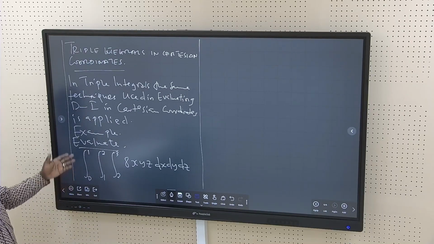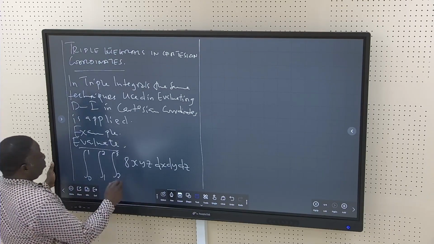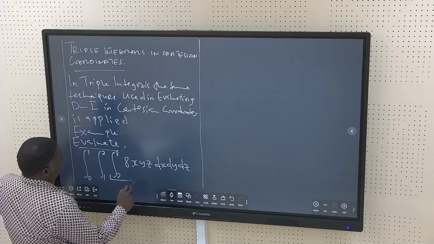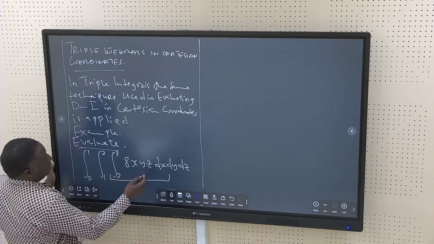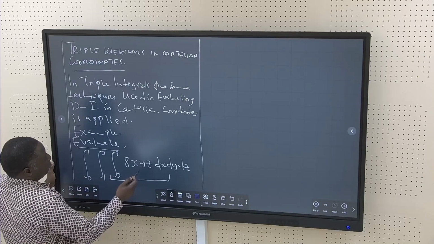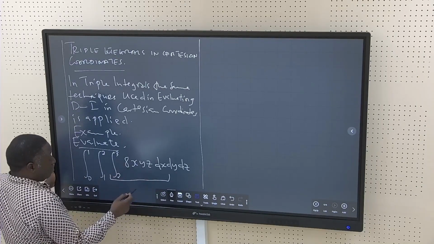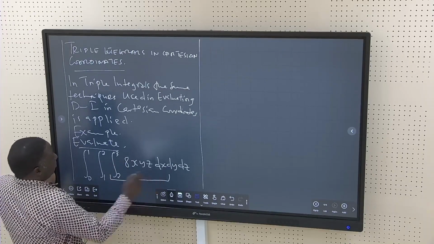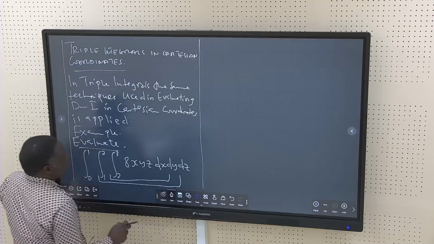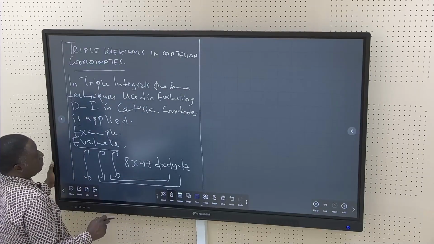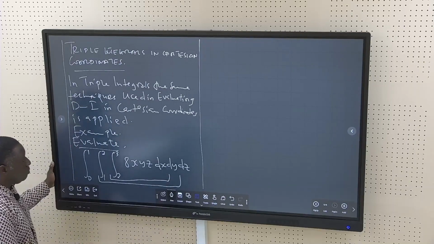This is the triple integral, the same technique. You start with what has been given inside here. So we start with integrating this integrand 8xyz with respect to x. We find the value, then we proceed with the same. The second iteration will be with respect to y, and the last iteration will be with respect to z.